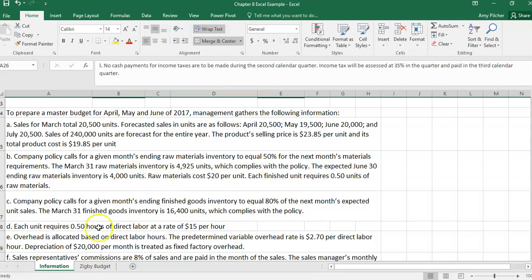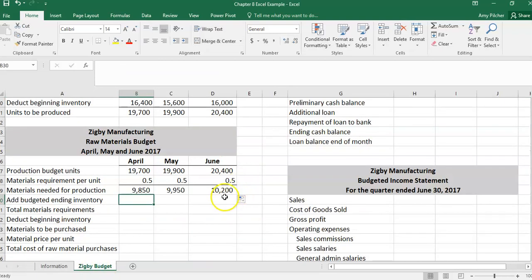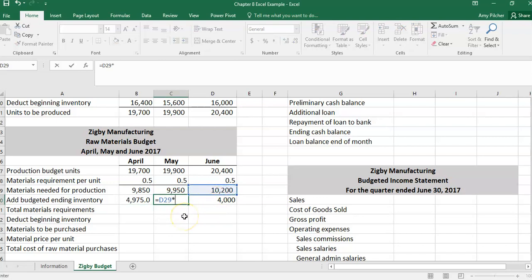So we take that information back to our budget. In June, we want 4,000 units, and in April, we need our May requirements times 50%, because we want 50% of the next month's requirements. And in May, we need 50% of June.